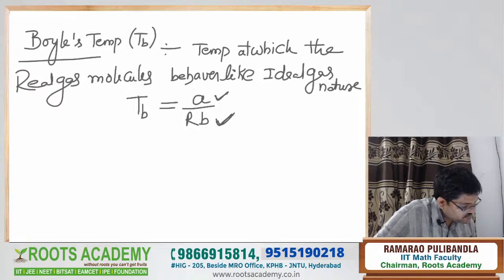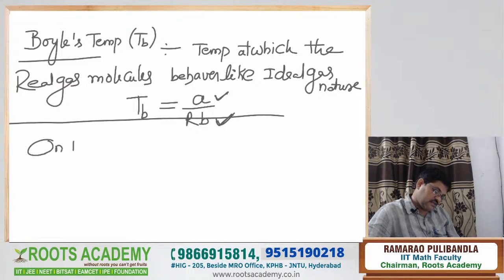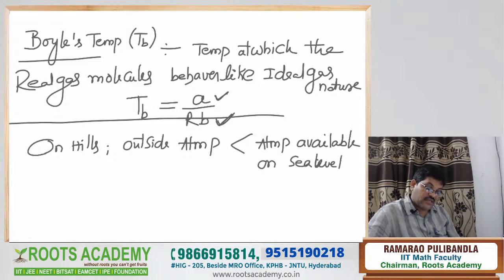And why is the pressure cooker used for cooking food on the hills? Simple logic. Because on the hills, the outside atmospheric pressure is less than the atmospheric pressure available at sea level.